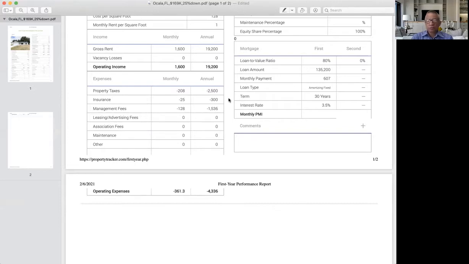But in Central Florida, you're not going to get that much. And of course, because you're part of our network, normally the property management fee is typically 10% of the rent. Because you're part of a network, you get a discount. So you get an 8% property management fee, which is $128 per month.